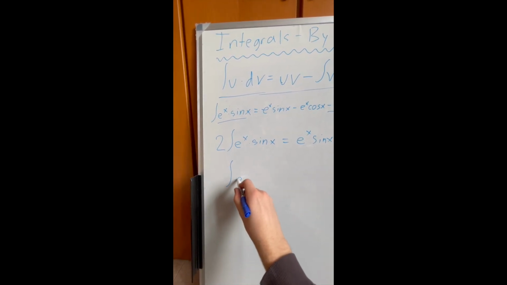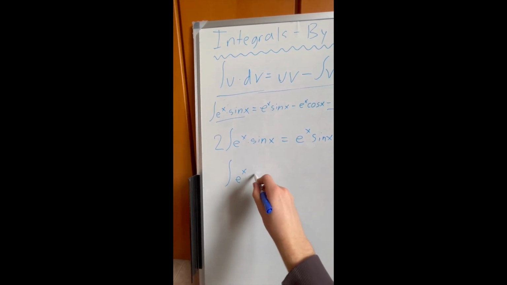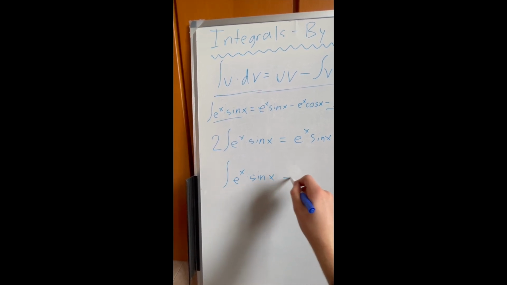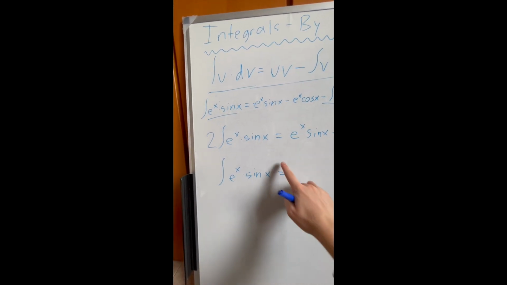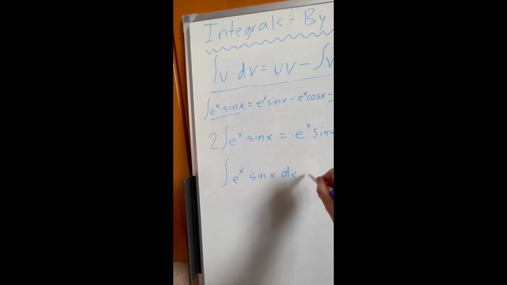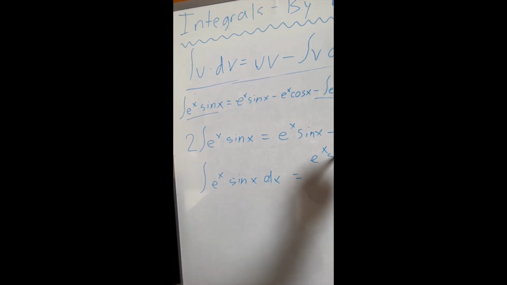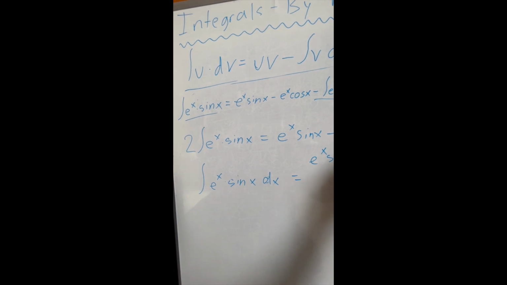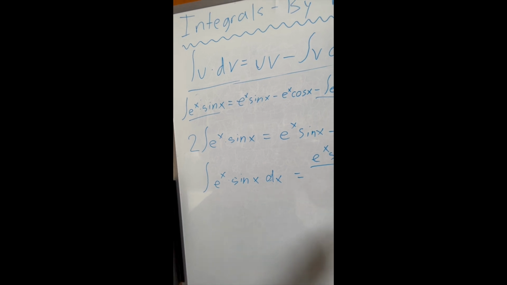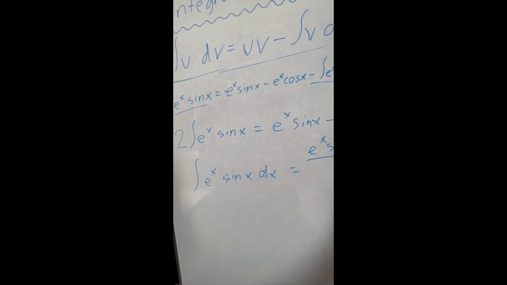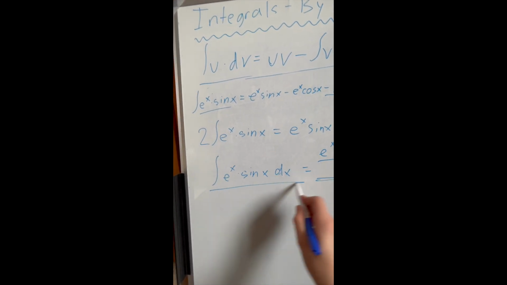So we have that e to the power of x times sine of x, our original problem, dx, is equal to e to the power of x sine of x minus e to the power of x cosine of x over 2, and then plus our c, of course. And this is the solution for this equation.